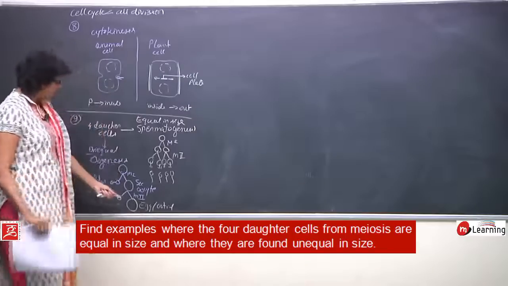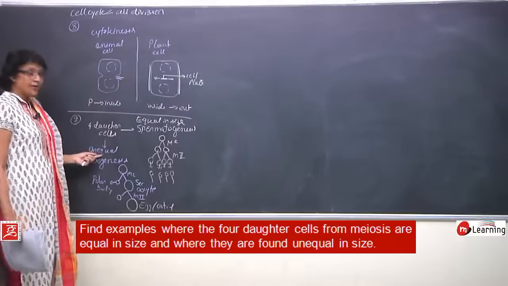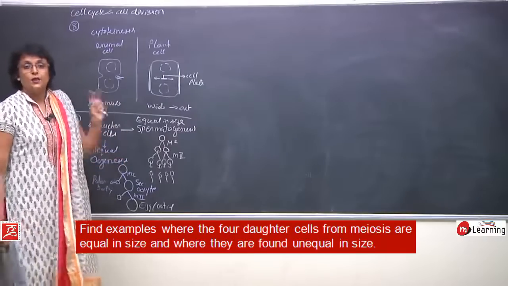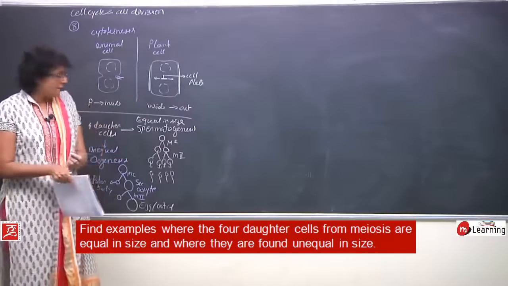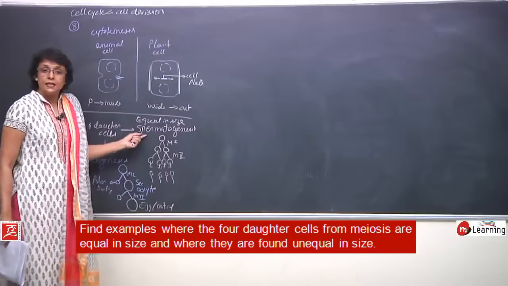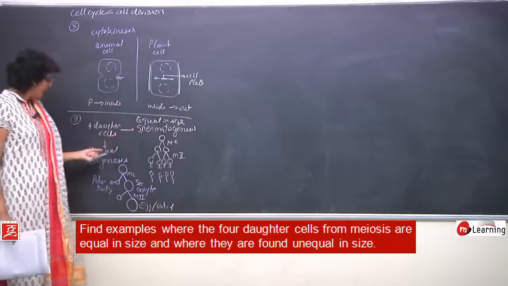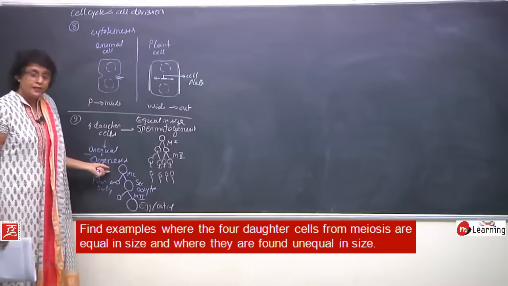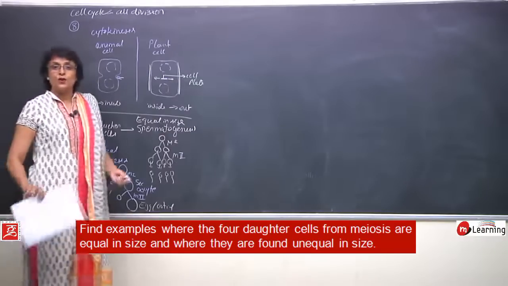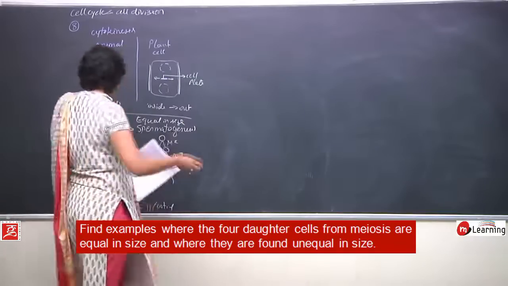So, the cells which are produced as a result of oogenesis are unequal in size. So, our two examples where we find equal sized cells as a result of meiosis is spermatogenesis, and unequal sized cells as a result of meiosis is oogenesis.